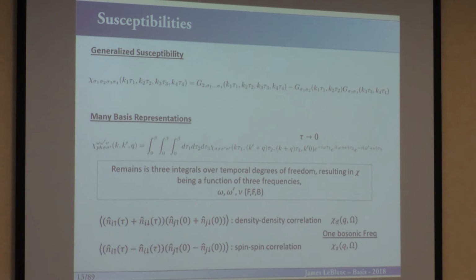So when it comes to things I'll talk about later, I mentioned that there's many basis representations. We often are not interested in particle-hole bubbles. Often we're interested in a spin-spin correlation function, or a charge-charge type object.